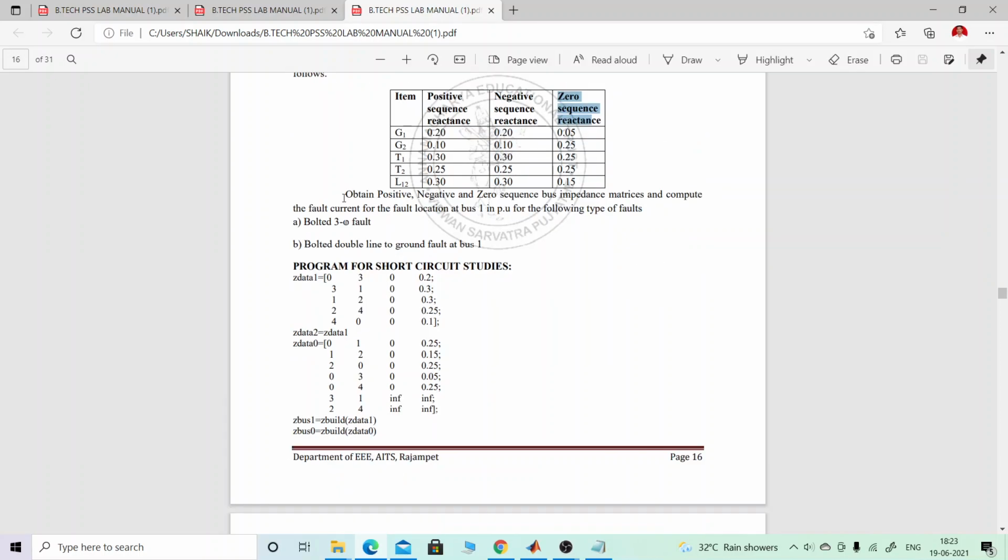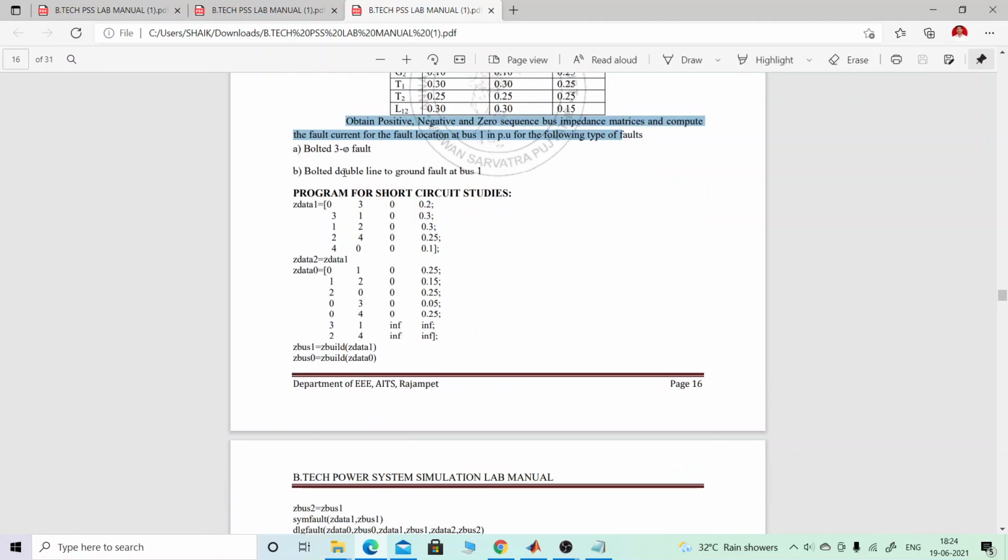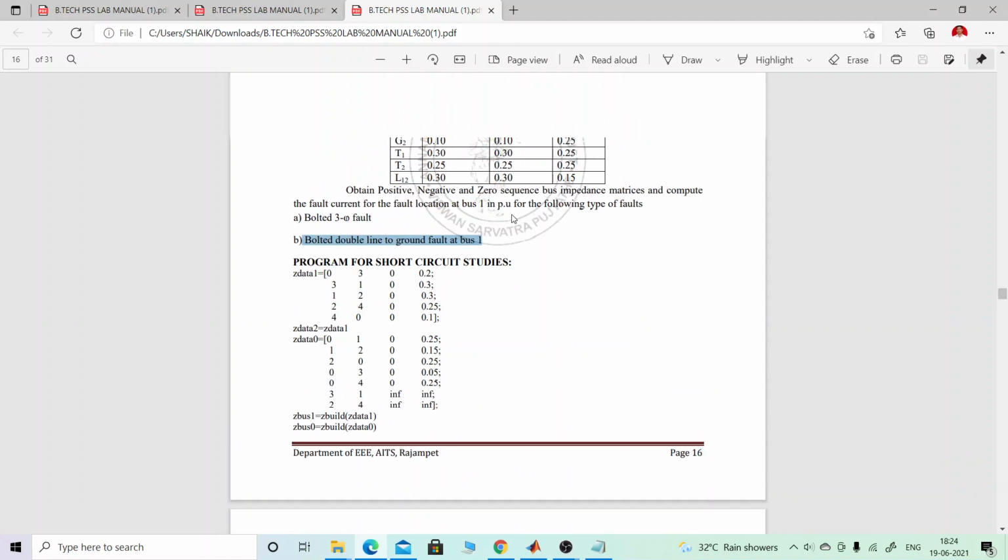So here, obtain the positive, negative and zero sequence bus impedance matrices and compute the fault current for the fault location at bus number 1 in per unit for the following types of faults: the bolted three-phase fault and the bolted double line to ground fault at bus number 1. Now we come to the program.